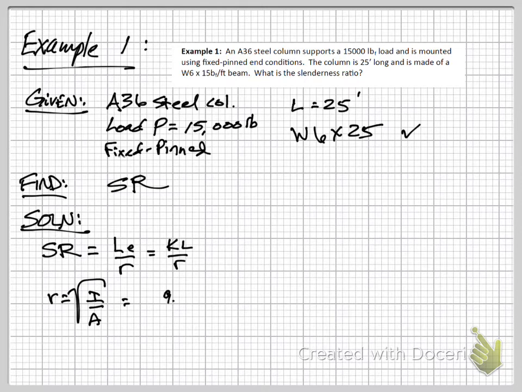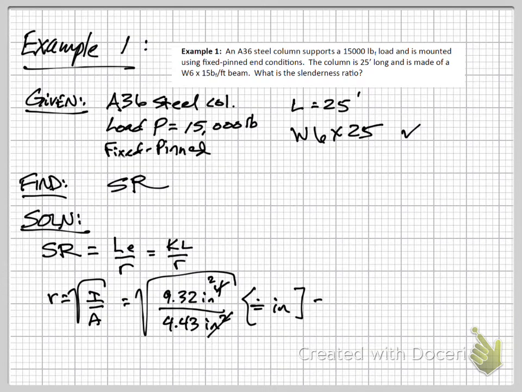We already had the 9.32 inches to the fourth and the cross-sectional area of 4.43 inches squared. When we cancel those out, we will end up with inches for units and a value of 1.45 inches. That's our r value.